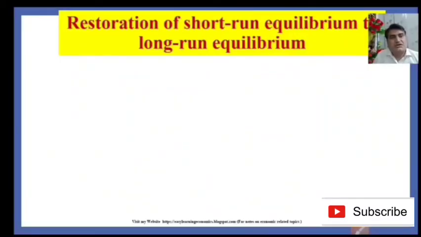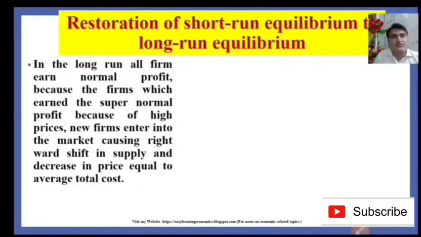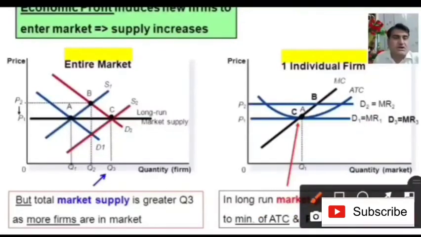The restoration of short-run equilibrium to long-run equilibrium. In the long run, all firms earn normal profit. For the firms which earn supernormal profit because of high prices, new firms enter the market, causing a rightward shift in supply and a decrease in price to equal the average total cost. Some of the firms during the short run earn abnormal profit at this price.